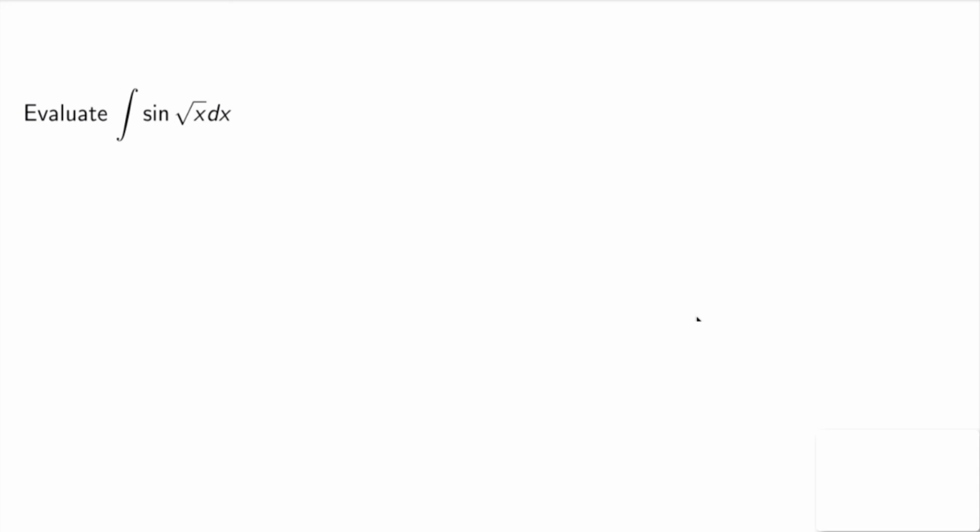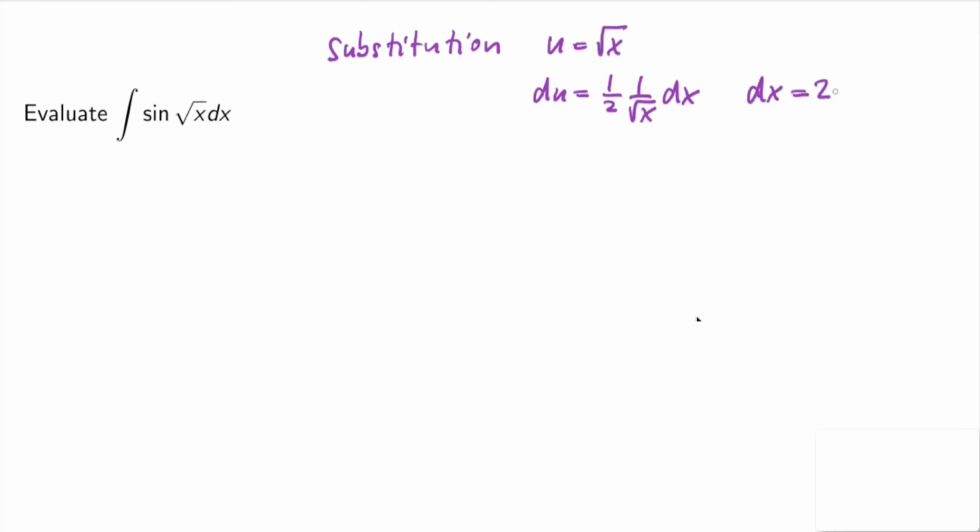For example, the integral of sine of root of x is actually not in our table of integrals here. But we can get it there by doing a substitution. We choose u to be root of x, then du is 1 over 2, 1 over root x dx. And solving this for dx, we get dx is 2 root x du. But root x is u, so we can write this to be 2u du.